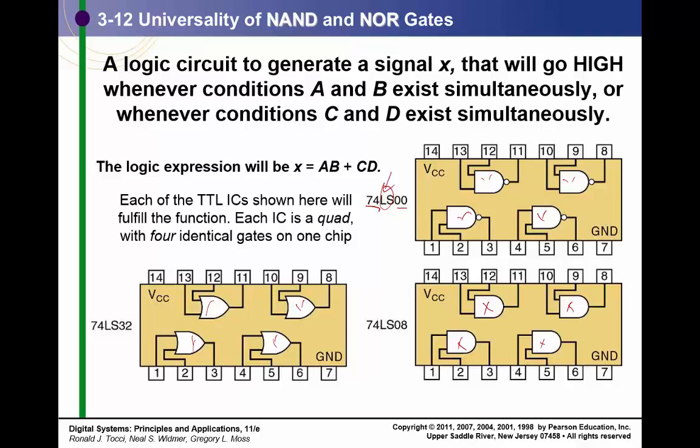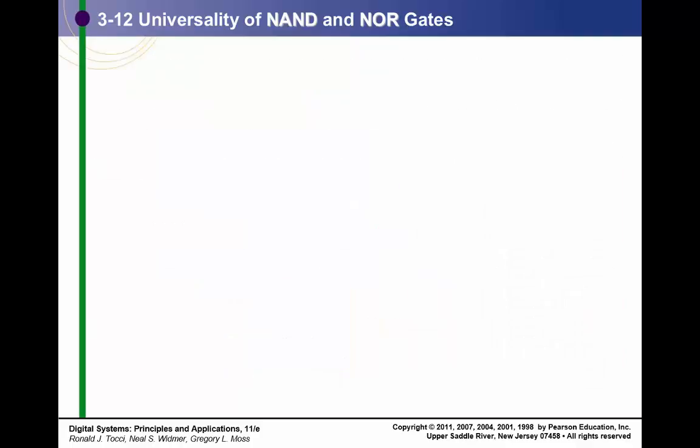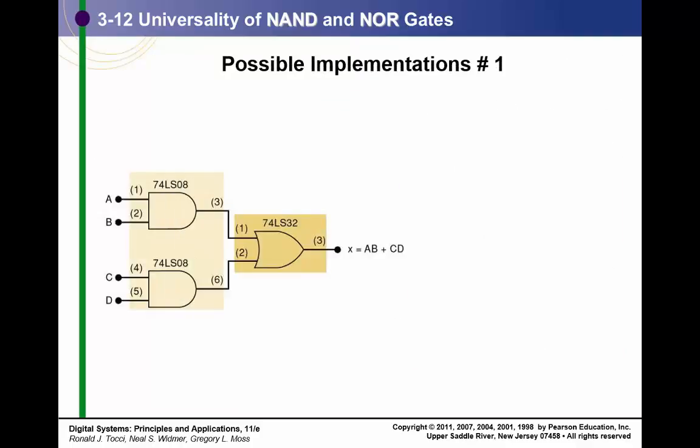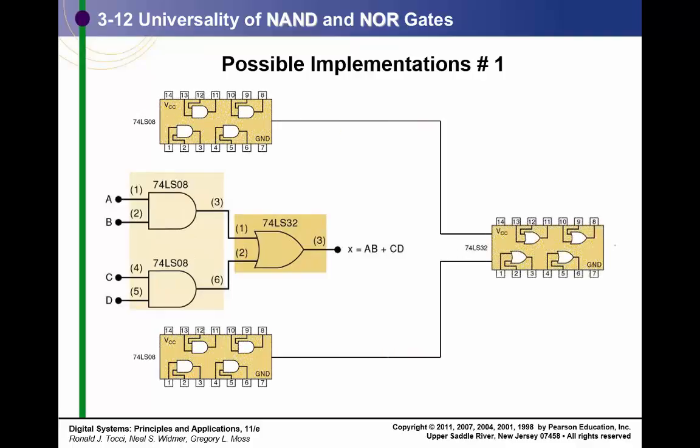And if you have a quad 2-input, they pretty much use this type of wiring pattern right there. So again, typically what we would see if we were going to build this is that we would have 2 AND gates used and an OR gate. We would require 2 ICs to build this.